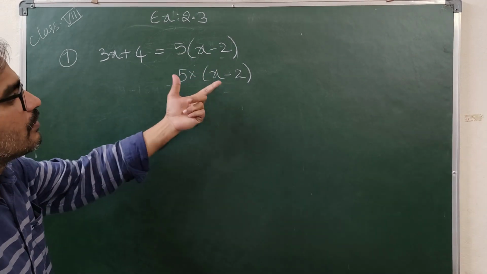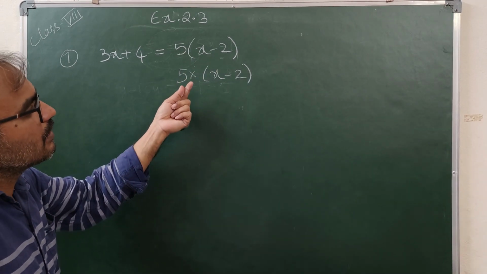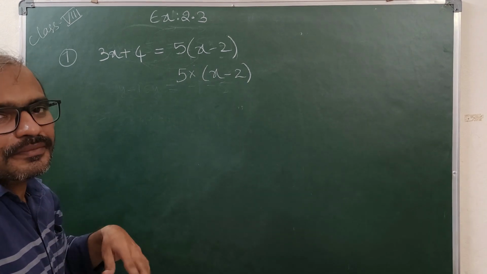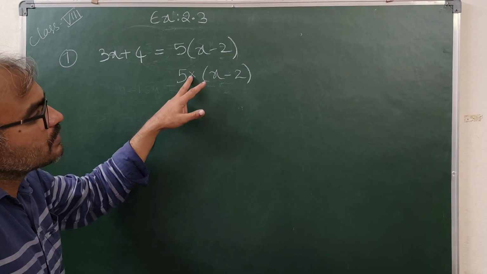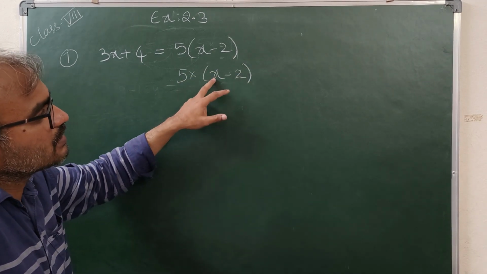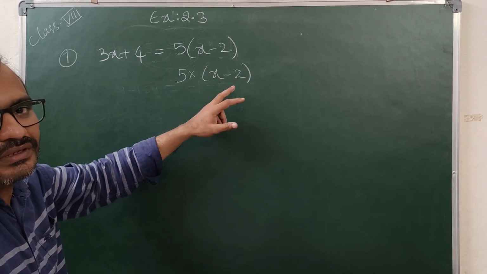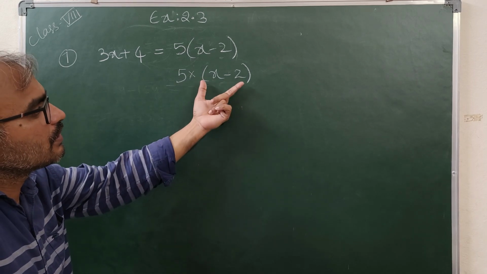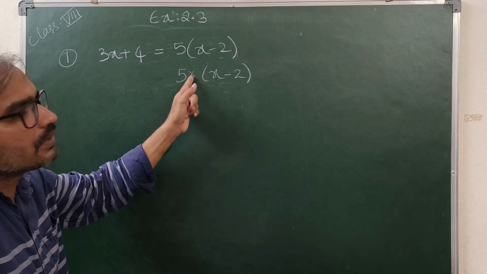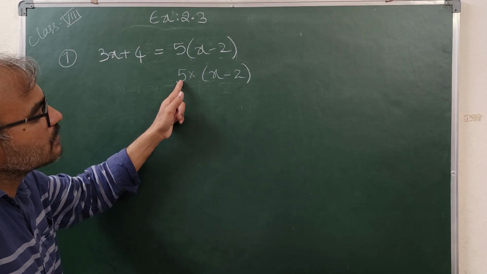No. They are saying multiply the value in the bracket with 5. Observe carefully here, this multiplication is for the bracket, not for x or minus 2 individually. It is for both, so you should give this 5 to both.